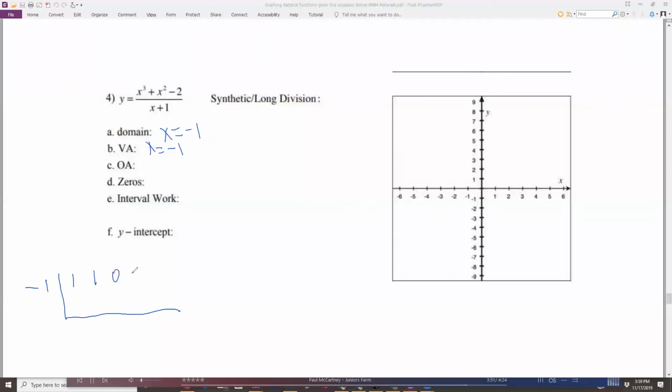I have a 0x, minus 2. So there's a 1. That's -1. That's 0, that's 0, that's 0, that's 0. That's -2. So what do I see? I divided an x cubed by an x, so that leaves me x squared. So y equals x squared.